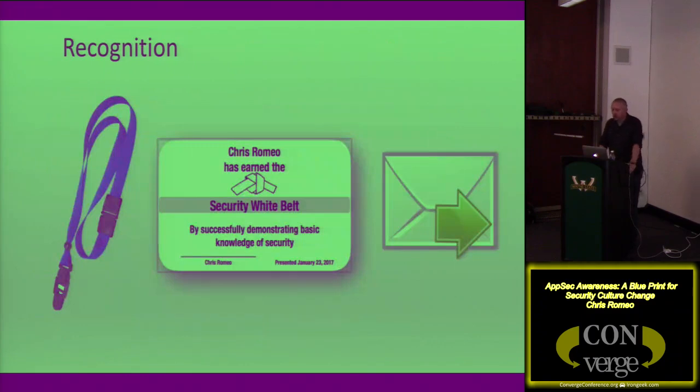And then recognition is another important piece of this. I've done various things in the past to recognize people. I've created custom lanyards that have the color of the belt that allow them to show off the fact that they've learned something new. Certificates, emails. Certificates have different value in different parts of the world.